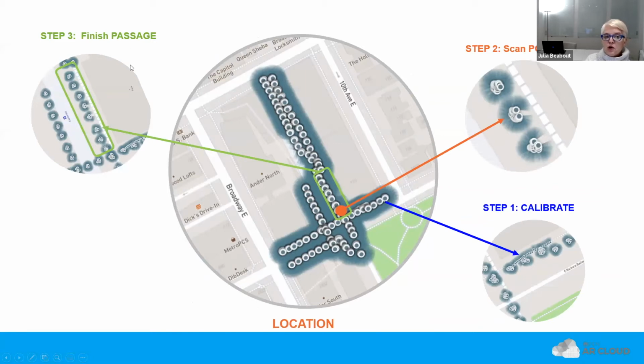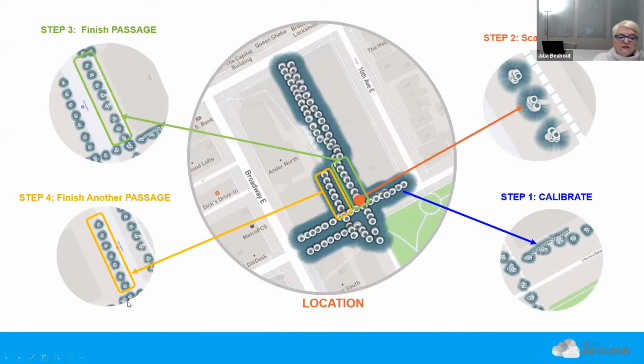Again, the main purpose of passages is for you to organize how you're scanning your area or your location so that you can track what you've done and completed. Then finally, as you finish your passages, you will finish your location and upload those to the server.